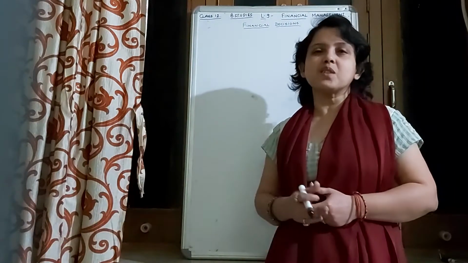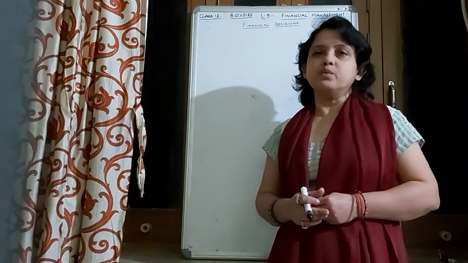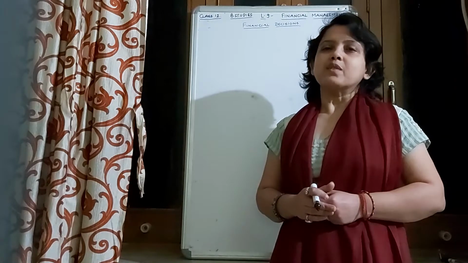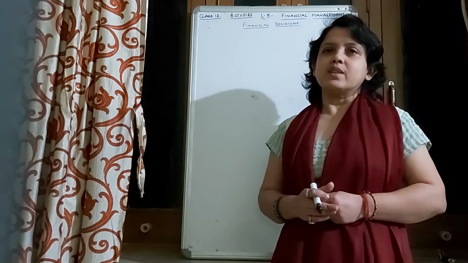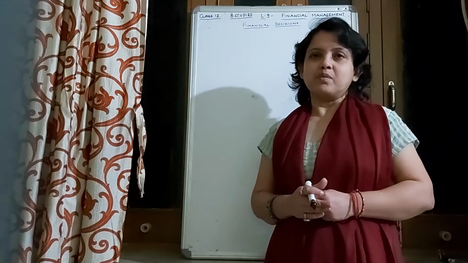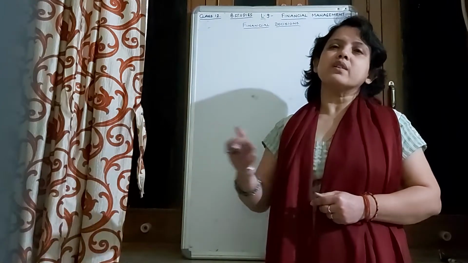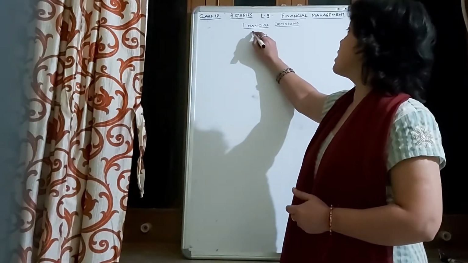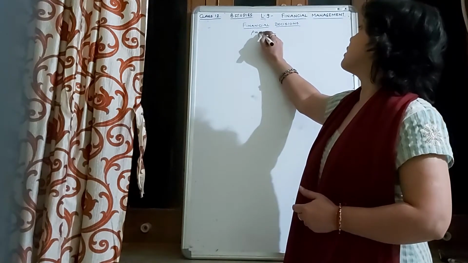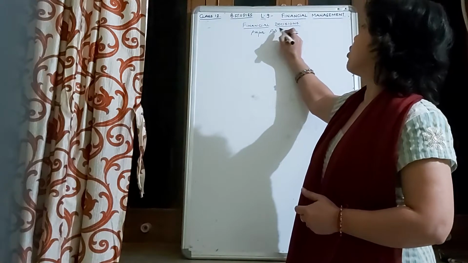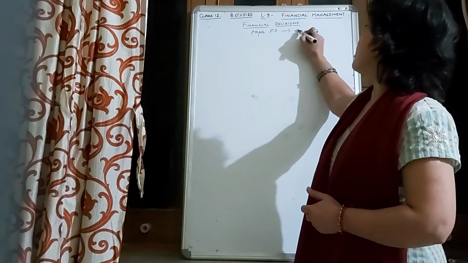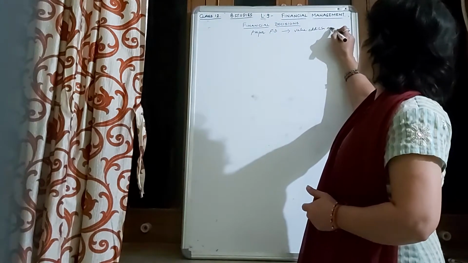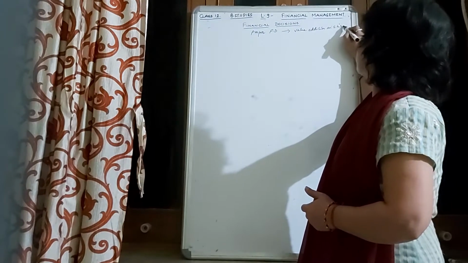Because if proper financial decisions are taken in the organization, that is going to increase the market price of the shares, and when the market price of the shares is going to increase, the return that is going to come to the shareholders will always be higher, and their net worth is going to increase, because proper financial decisions will always lead to value addition in shareholders' wealth.